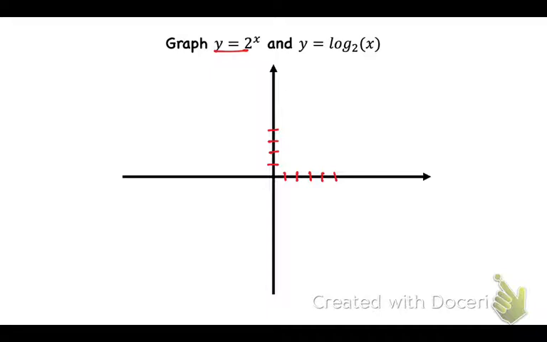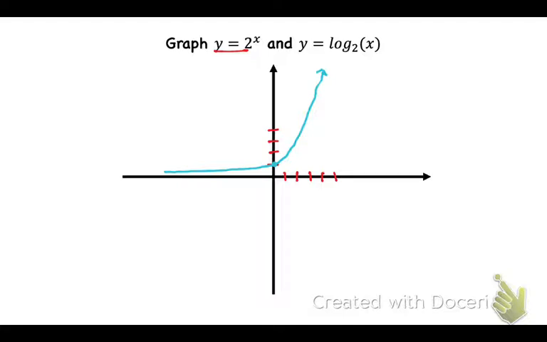Remember that 0, 1 was my anchor point. So I went through 0, 1. I have a nice smooth arc. And I've got to remember that my x-axis is a horizontal asymptote, correct? And it goes up like this. Yes? That's an exponential function.